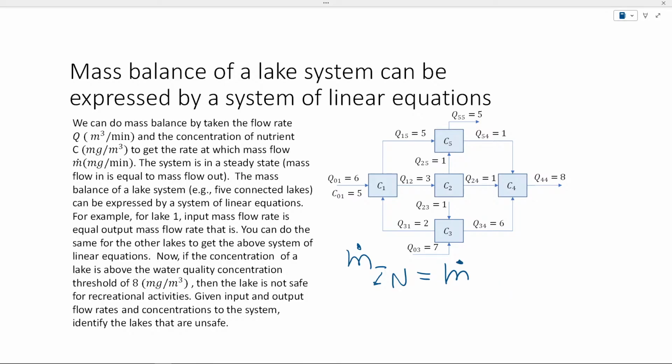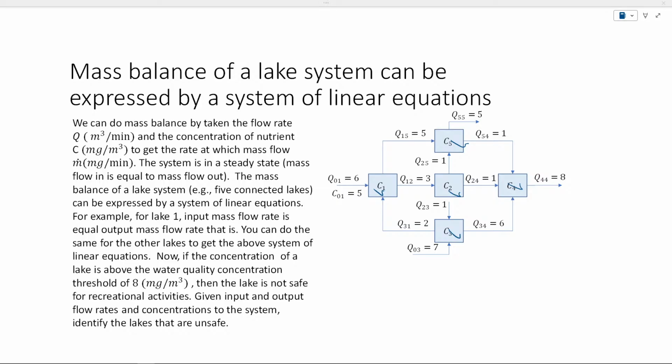So you can say M in is equal to M out. And basically, if we do this mass balance, we can find the concentration here, here, here, here, and here. Because all what we know, I think something is missing here. Let me just get this number.